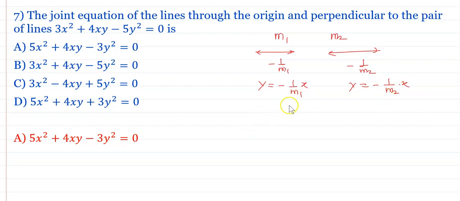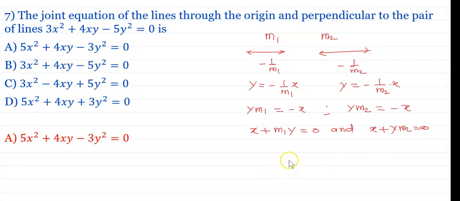Therefore, how can we write this equation? I will write y m1 is equal to minus x, and here y m2 is equal to minus x. If you simplify this, you will get x plus m1y equal to 0, and another one, x plus m2y, equal to 0.